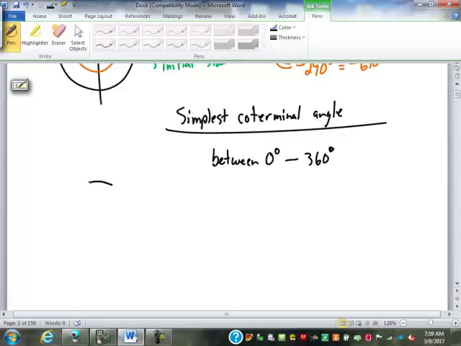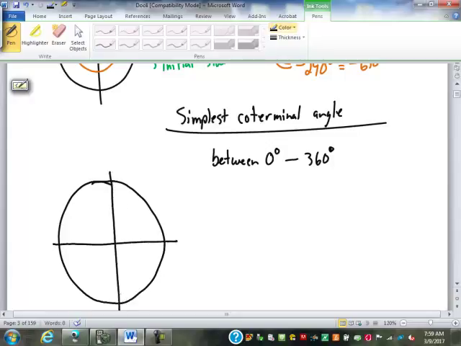The other thing we want to look at: this angle right here, 30 degrees, has a sine equal to 0.5.